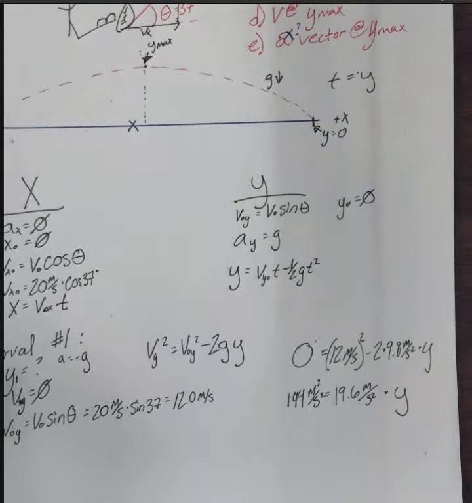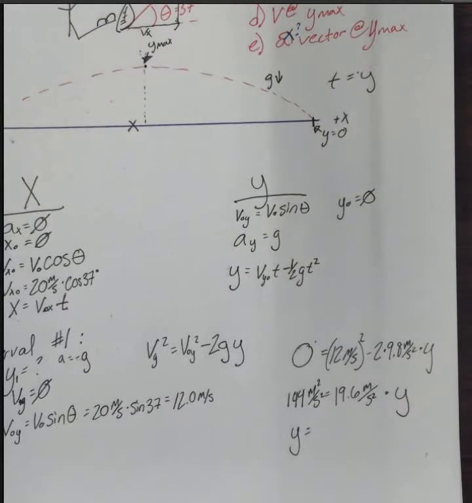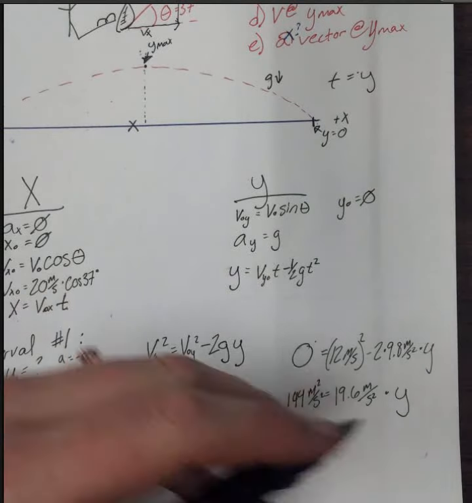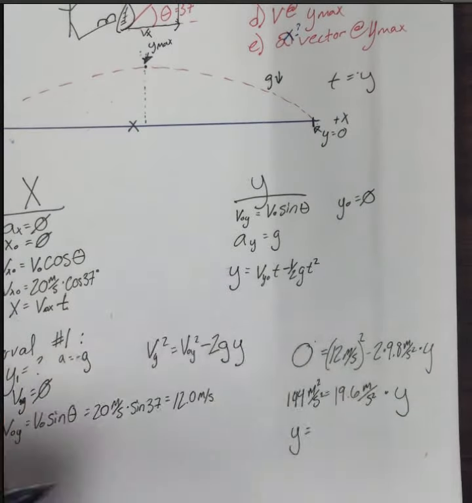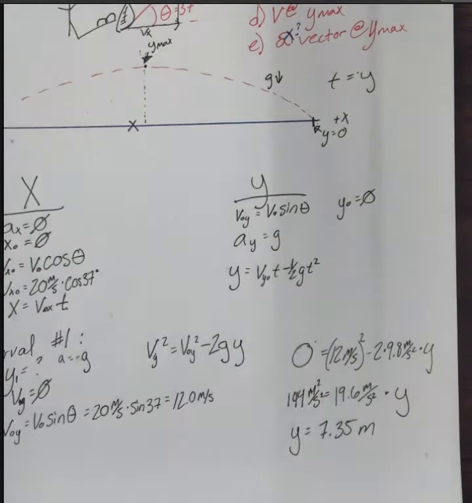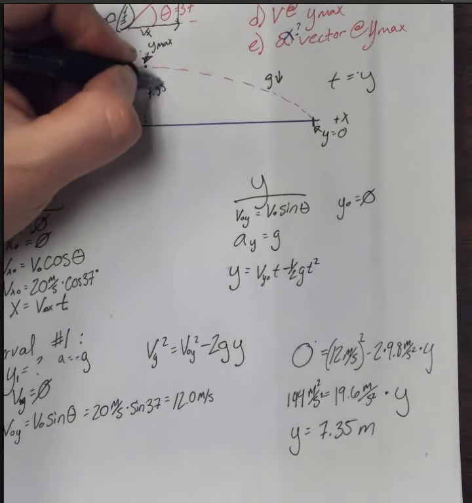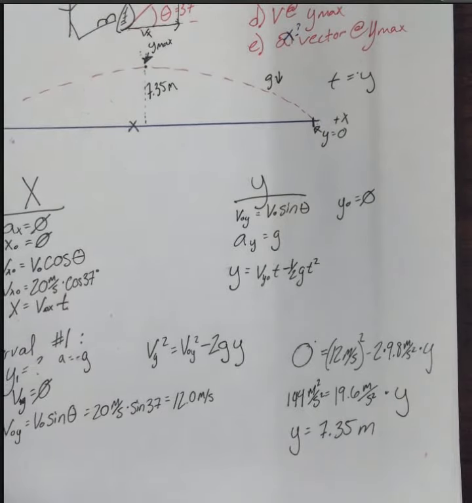So when I solve for y, I am going to get 7.35 meters. Right? And that is how high up in the y direction. So that's the first interval.